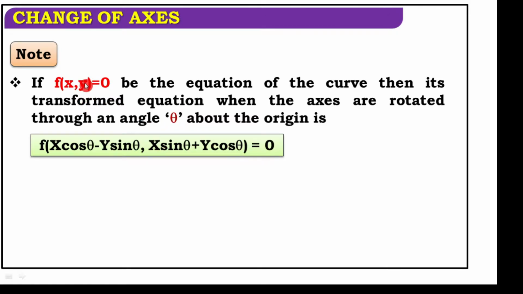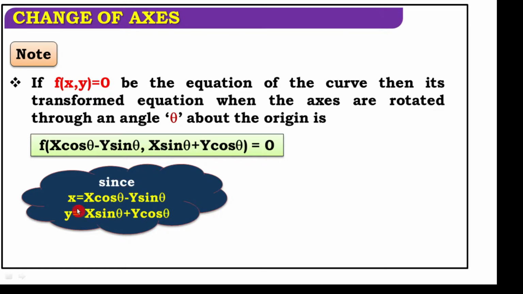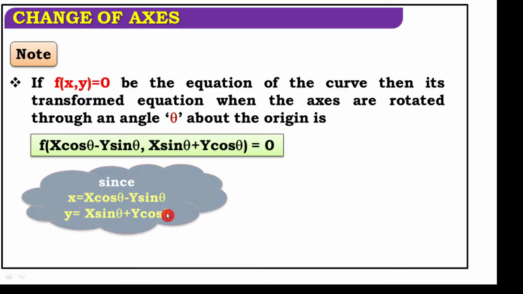If the given equation is f of x comma y equals 0, to find the transform equation, in the place of small x we write x cos theta minus y sin theta, and in the place of small y we write x sin theta plus y cos theta. Then you will get the transform equation, since small x equals x cos theta minus y sin theta and small y equals x sin theta plus y cos theta.